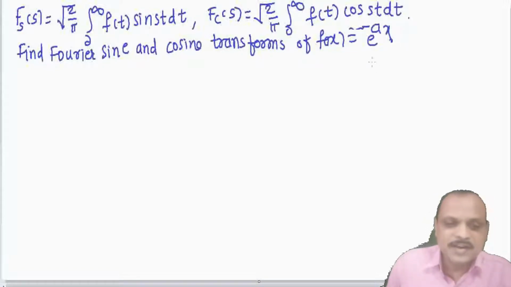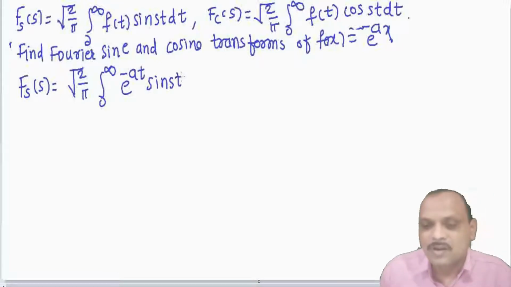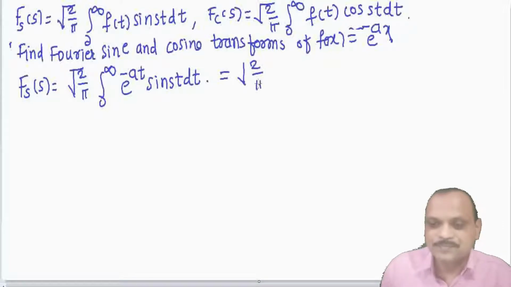Now the Fourier sine transform equals under root 2 divided by pi integration 0 to infinity e raised to minus at into sine of st into dt. First we evaluate and finally put the values infinity and 0. Sine is the first function.